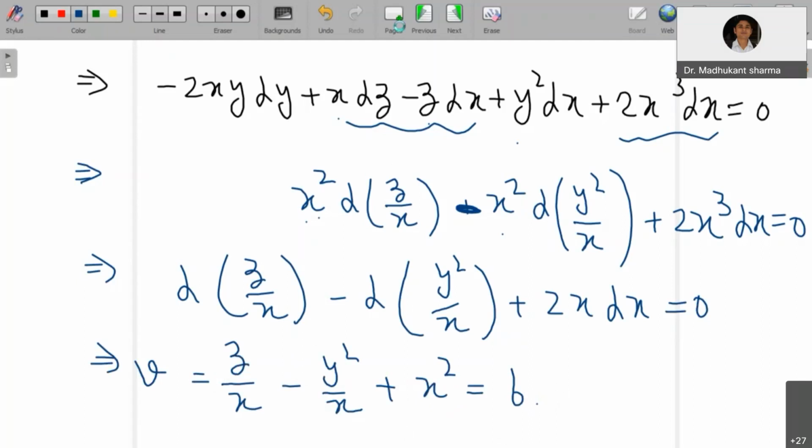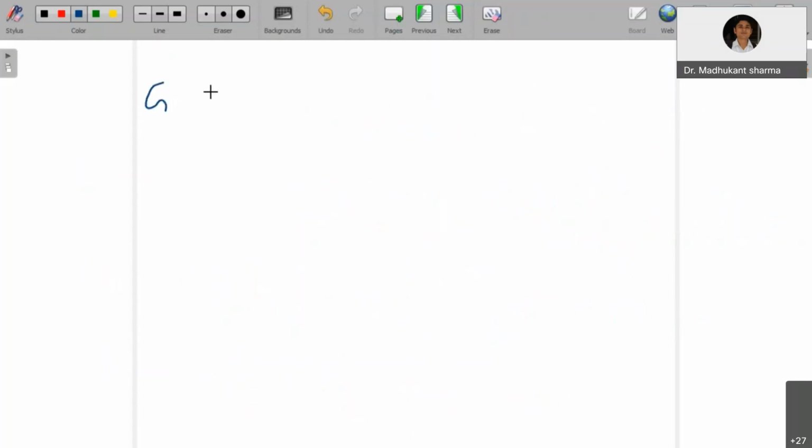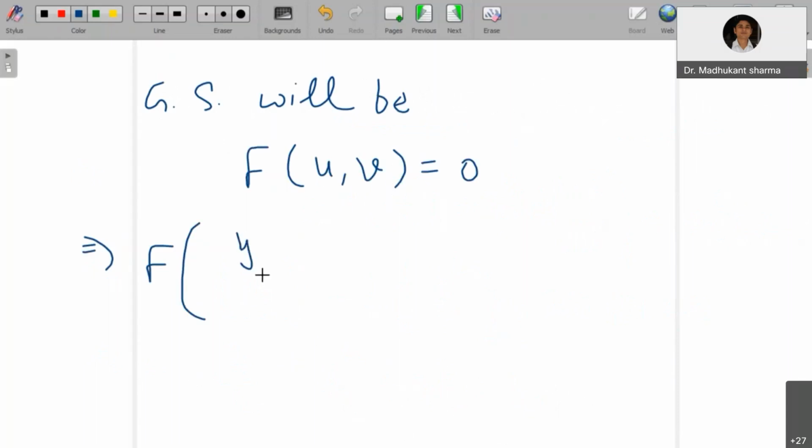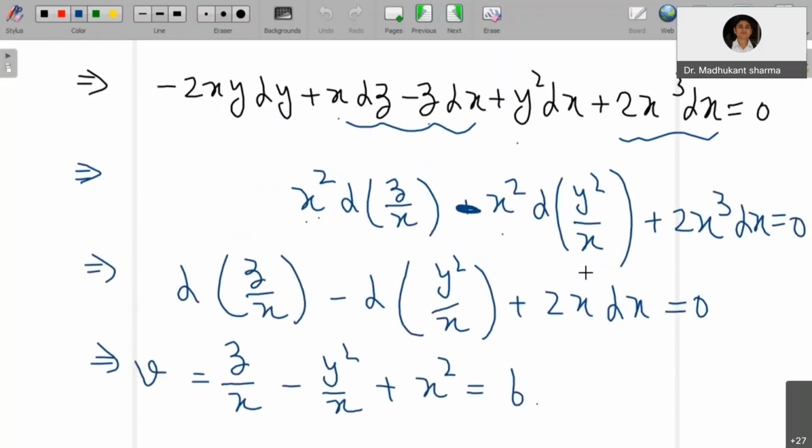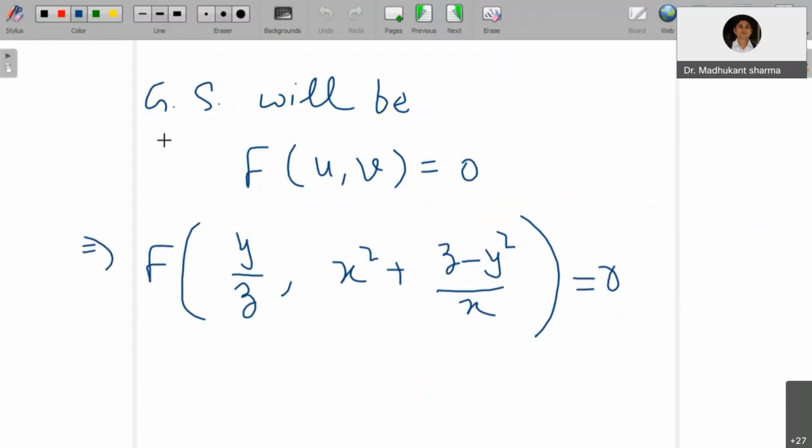So the general solution will be f of u comma v equals to 0. This implies f of y by z comma... This is the final general solution for this.